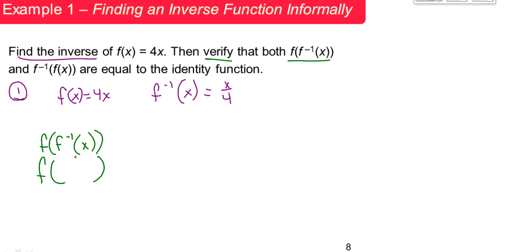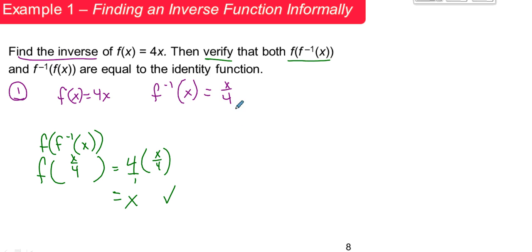X over 4. Then I'm going to do f of x over 4. So I'm going to put in place of this x, the x divided by 4. And when I do that, I'll get 4 times x over 4. That's like 4 over 1 times x over 4. So that is equal to x. I'm going to put a little check mark. I'm excited about that. But I have to check the other one as well.